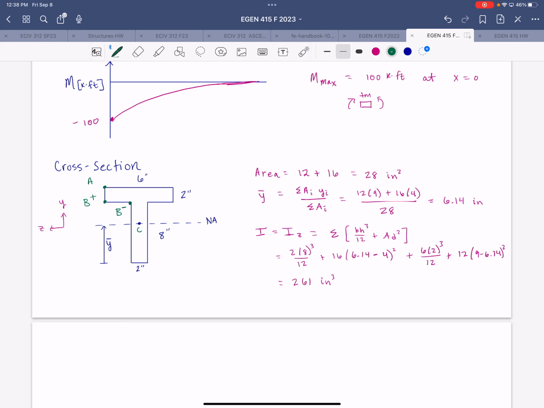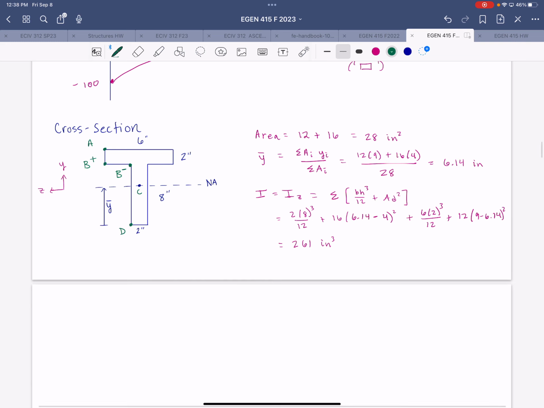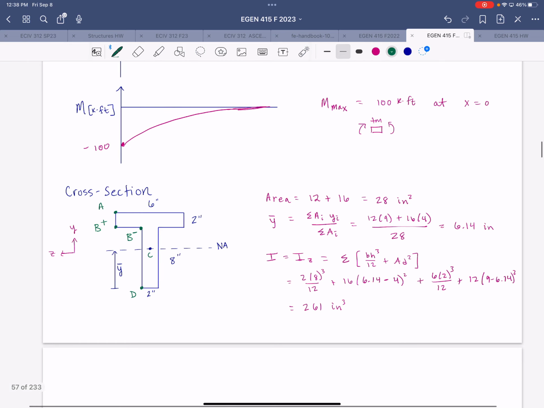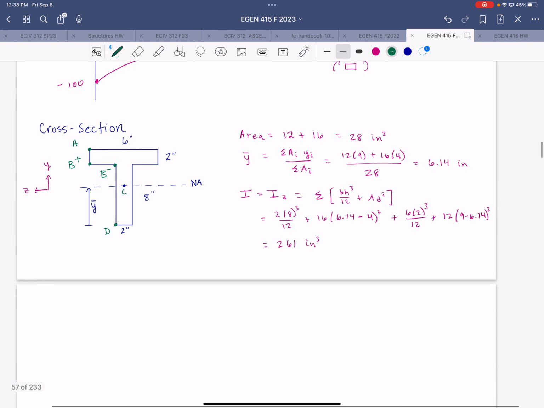And then C at the centroid and D down below. All right, so we can start with stresses at x equals 0. Why x equals 0? Because that is the location where we have maximum shear and maximum moment.